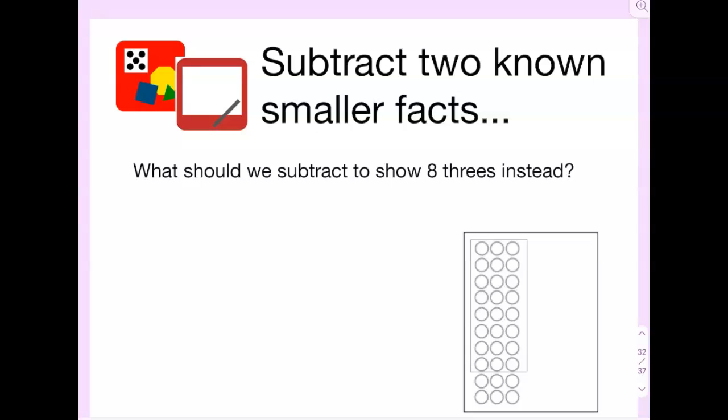What should we subtract to show 8 3's instead? So if we have 10 3's, how many 3's are we going to take away to show 8 3's? Right, we're going to take away 2 3's.